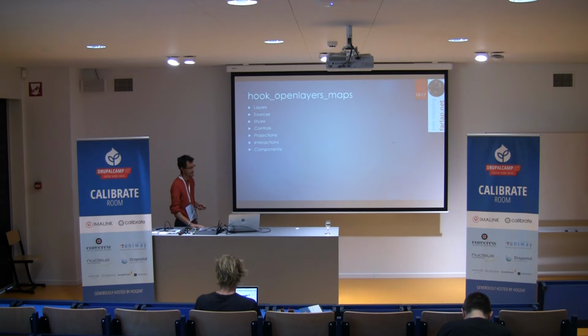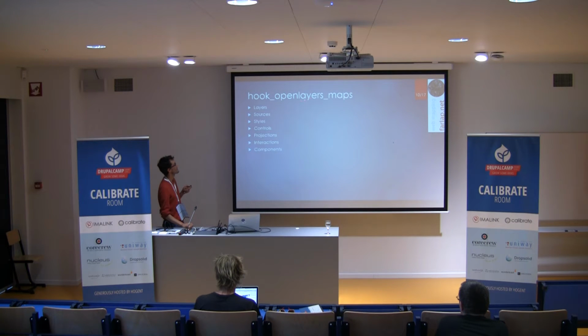And then at the end, finally, you have your geospatial data, you have your layers. Then you can also define your own maps in the code, and there is one particular hook that allows you to define new maps.